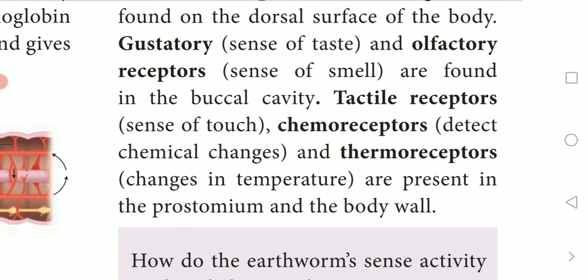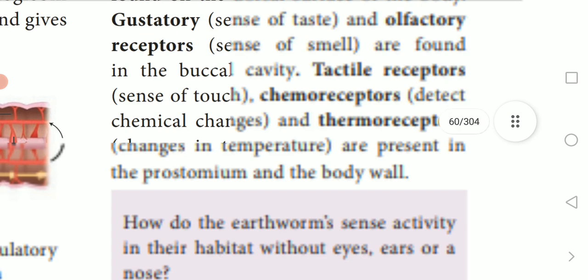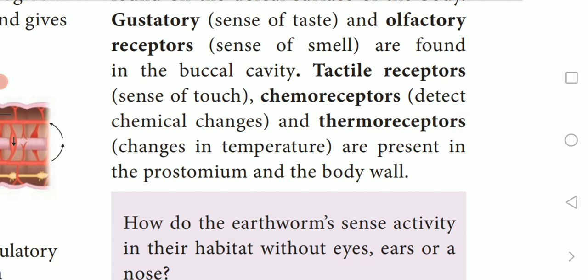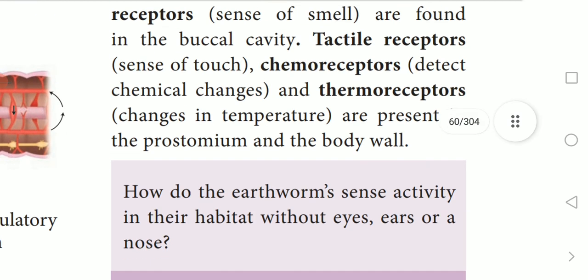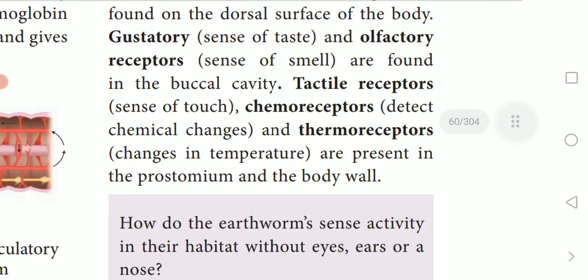Thermo means temperature, receptors means to receive. They identify the heat or cold of the environment, that is, changes in temperature. The thermoreceptors are present in the prostomium and the body wall.